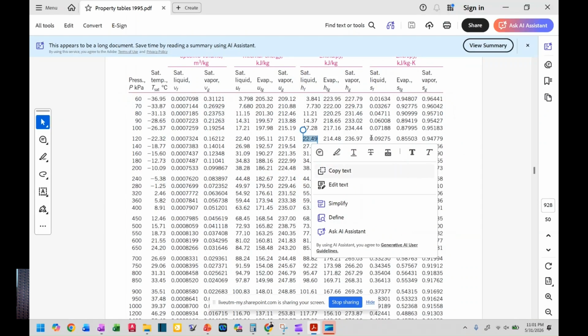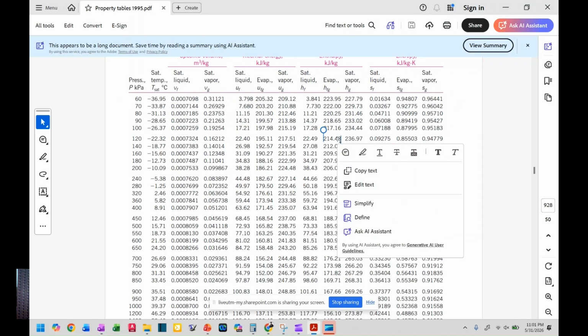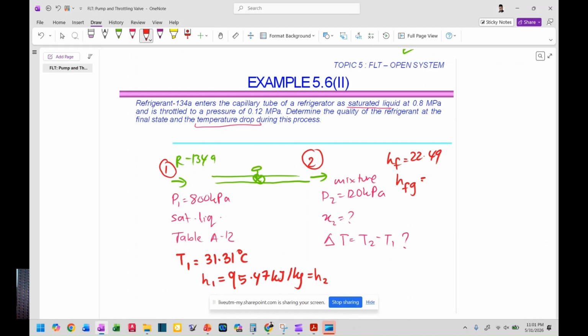I prefer HFG because you don't need to subtract anything. You can just take this value right away, which is 214.48. Otherwise, you should subtract HF from Hg, which is Hg minus HF. That's one step extra, so it's the same thing. It will still result in 214.48 kilojoules per kilogram.